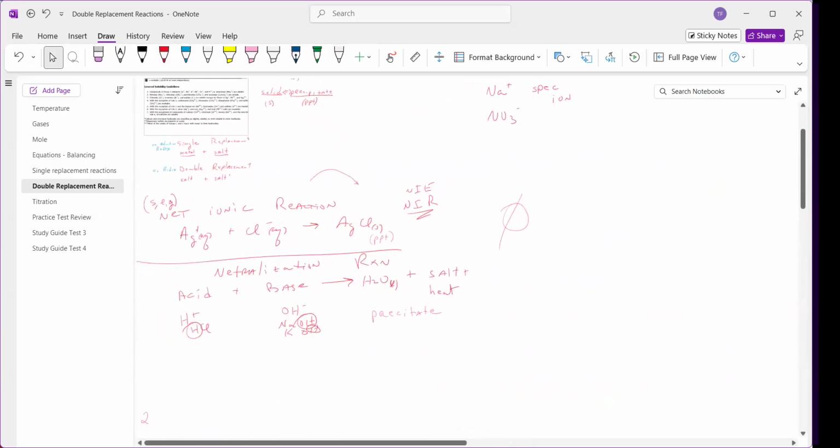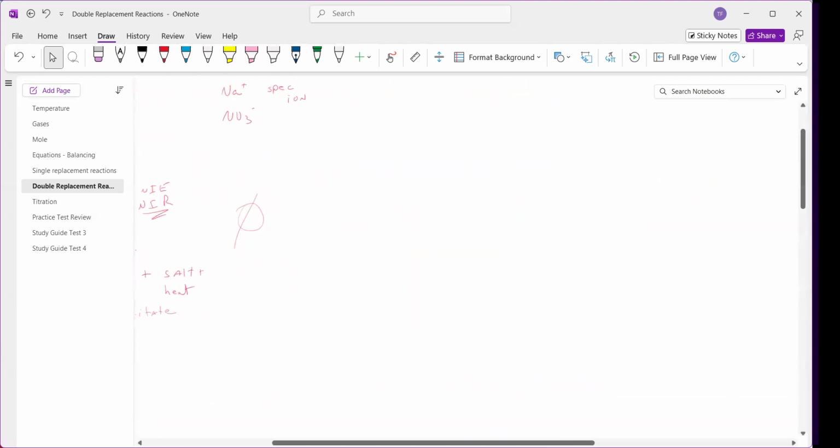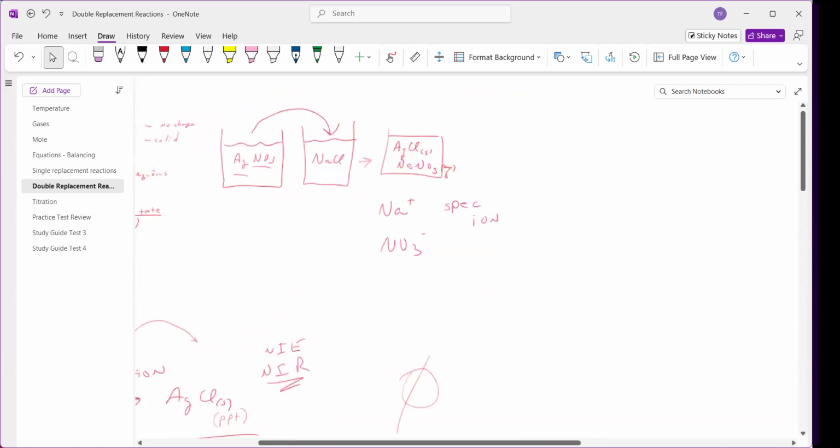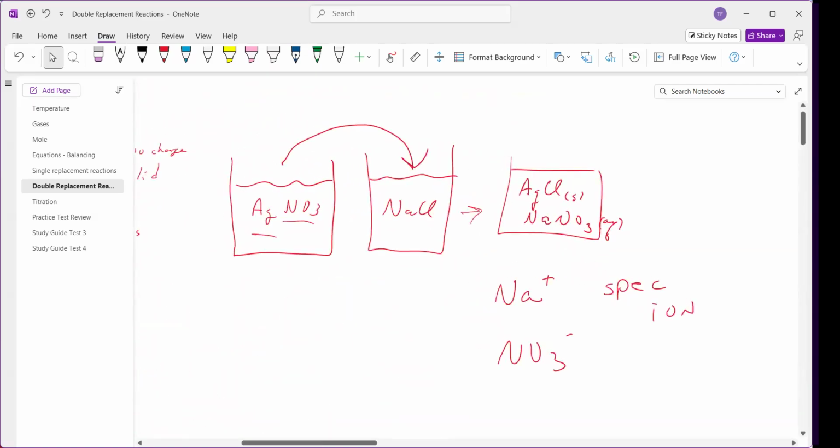Okay, so let's continue on with this silver reaction here. We're starting with AgNO3 aqueous, sodium chloride aqueous, gives us aqueous sodium nitrate and solid silver chloride.